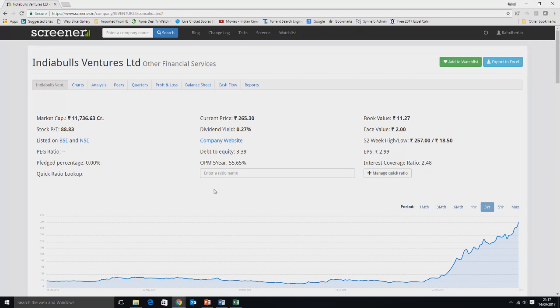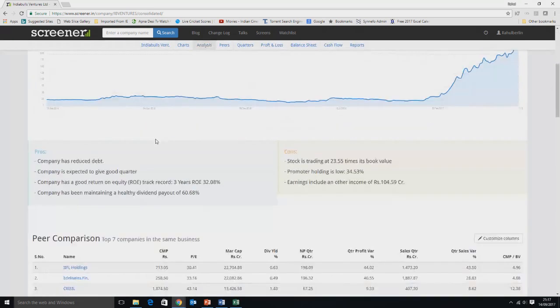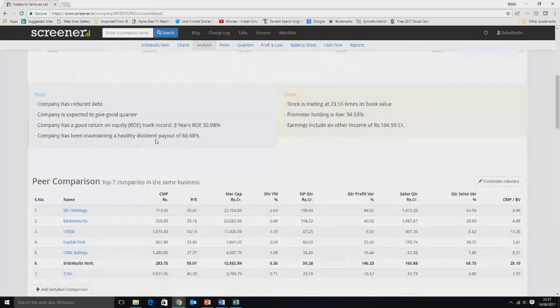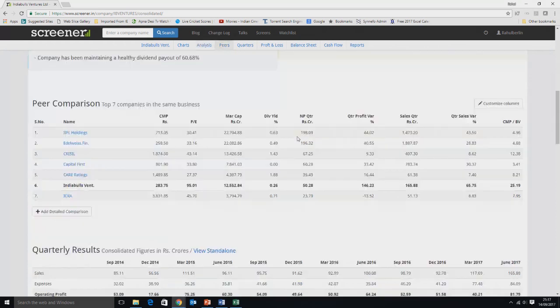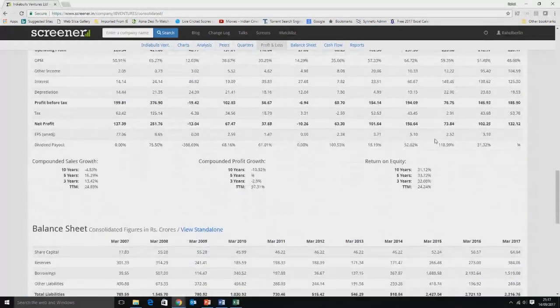So from all of our analysis, this does not look like a promising thing to me, but let's see how its EPS is doing. You see, promoter holding is low, and it's trading roughly 23.55 times its book value. But let's see how its EPS is going.